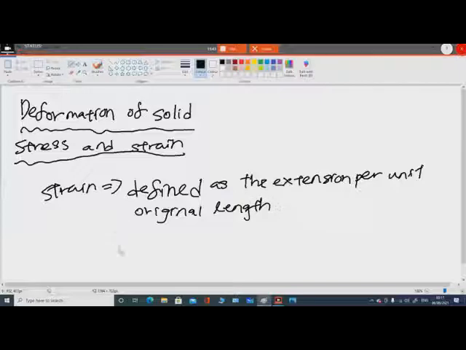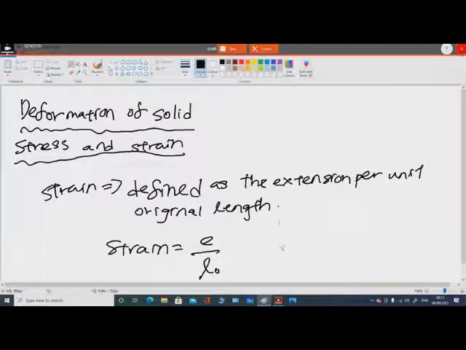By saying that strain is equal to the extension divided by the original length. So this is the meaning for strain.